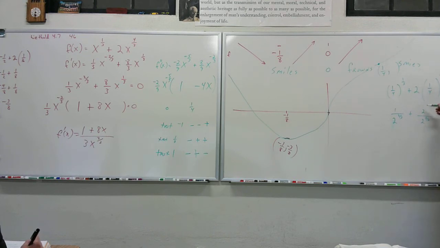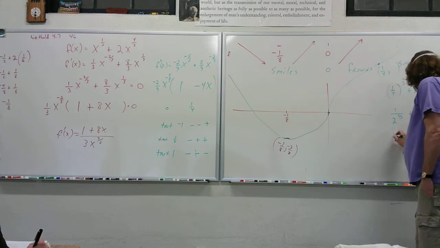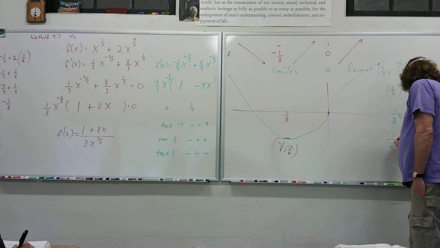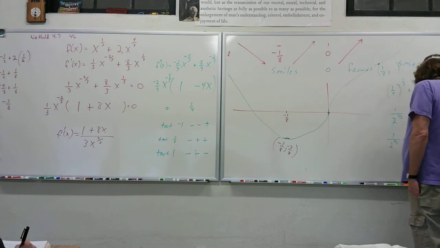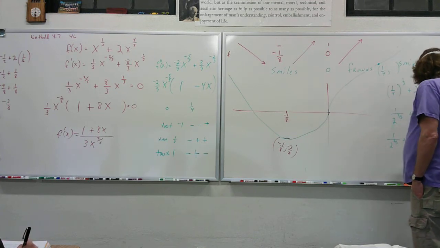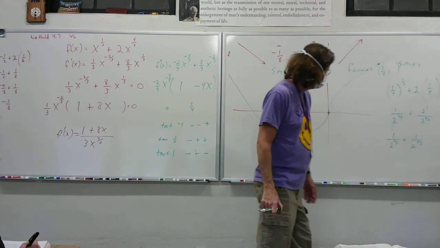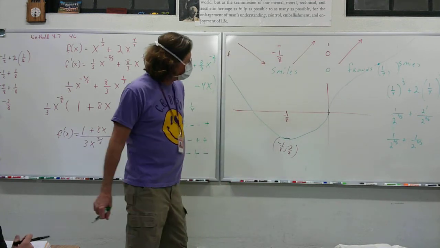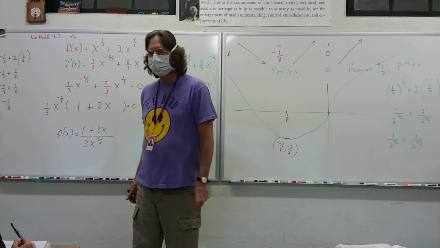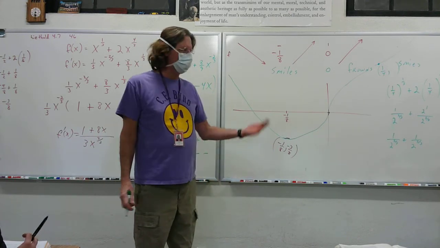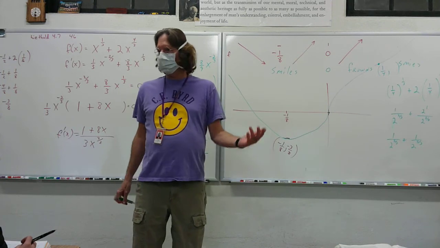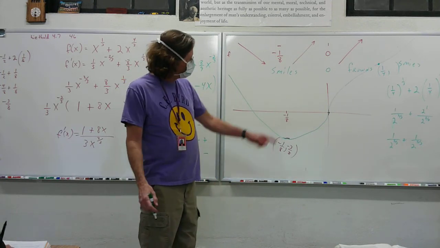Do you agree you can reduce that because that's 2 to the 1st? Right? And that's going to become 2 to the 5/3. So you can get 1/2 to the 2/3 plus 1/2 to the 5/3. And I'd probably just leave the y value like that, but then you could factor out 1/2 to the 2/3, and then that would become 1 plus something, and yeah, it's a nasty number. Fair enough? Nasty number. But that's your y value.